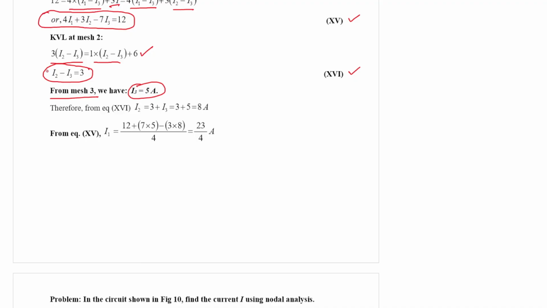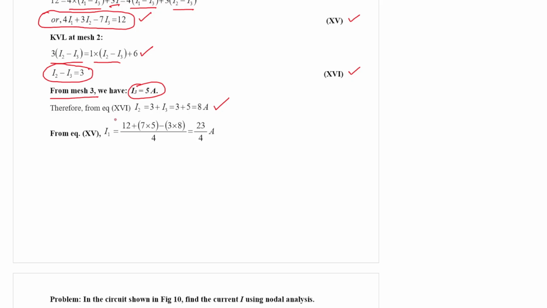So now you can solve from equation 16 that I2 is equal to 8 ampere. It is quite straightforward. If I2 minus I3 is equal to 3 and I3 is equal to 5 ampere, then I2 must be equal to 8 ampere. And from equation 15, it is straightforward.